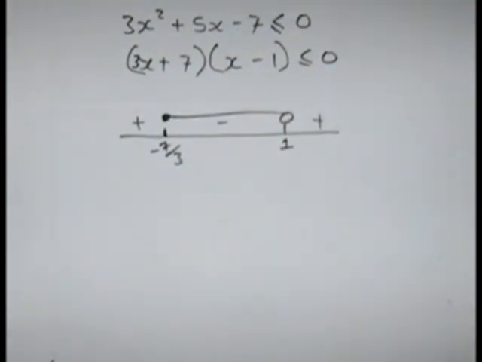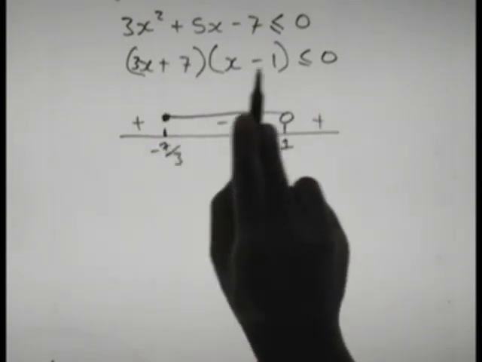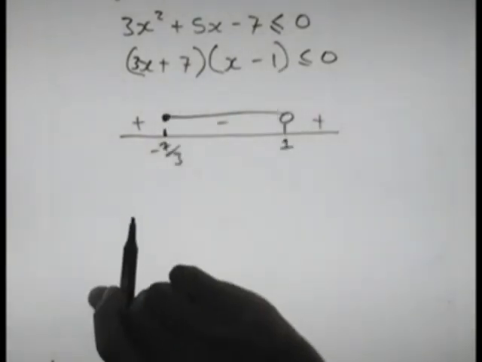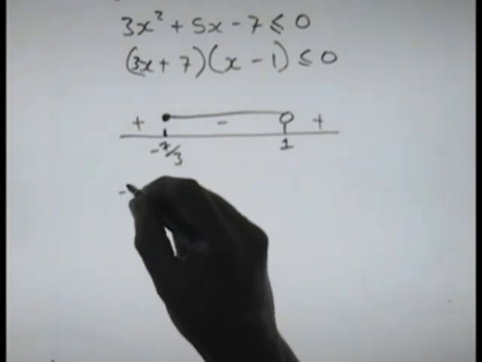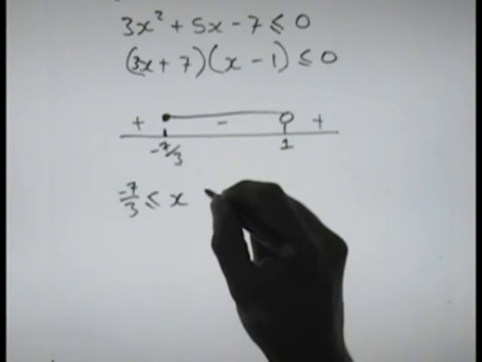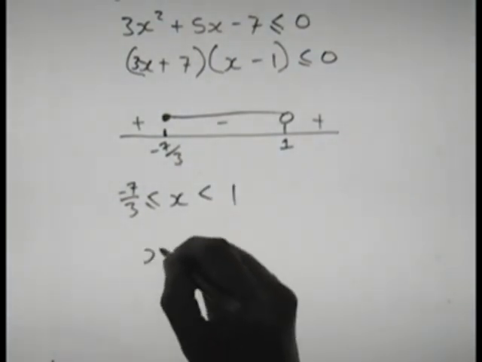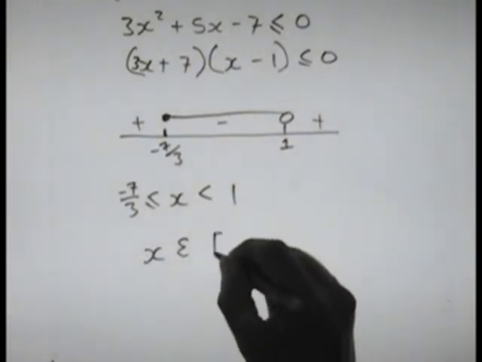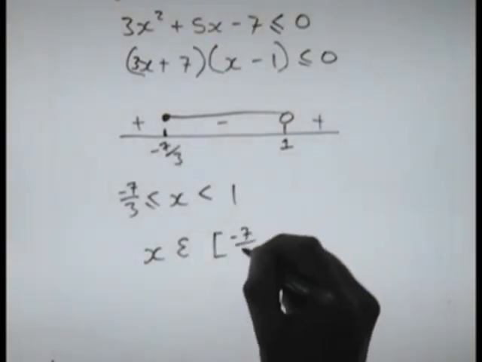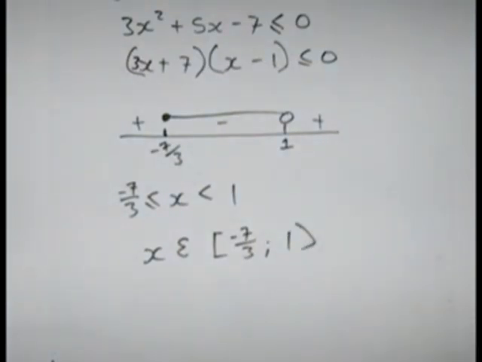The only thing though is we know that it cannot equal positive 1. But it can equal negative 7/3 because there's nothing wrong with this being 0. That means x is greater than or equal to negative 7/3 but less than 1. Alternatively, we could say x is an element of square bracket, because we're including negative 7/3, all the way up to 1, round bracket, we're not including 1.